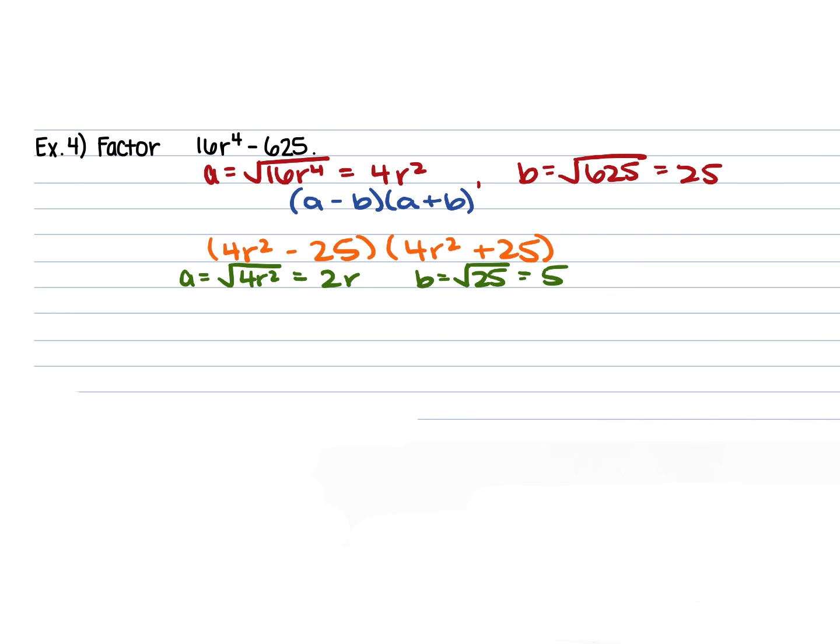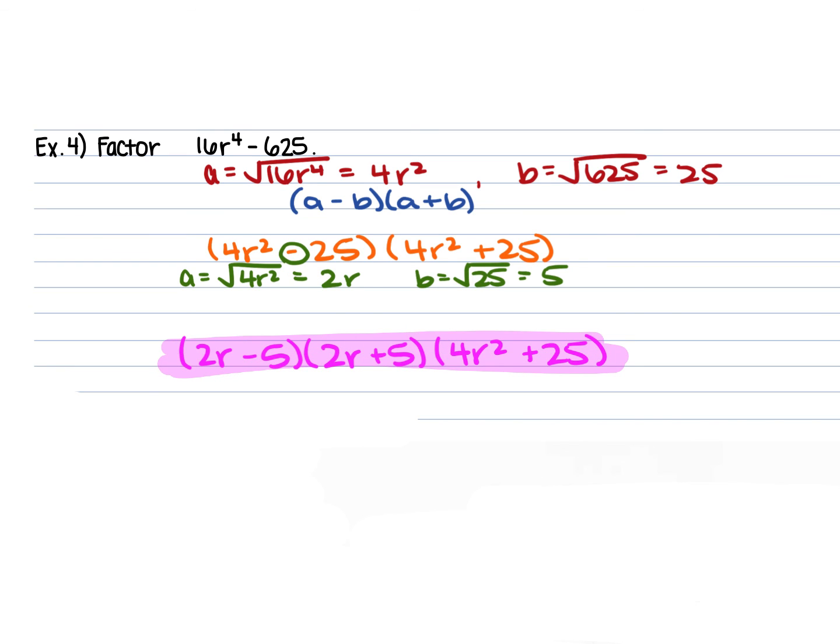There is subtraction between those two, so again, use A minus B times A plus B. So this is going to leave us with 2r minus 5 times 2r plus 5 times 4r squared plus 25. So if you can't simplify or factor one of those parentheses, it has to stay part of your answer. It doesn't just disappear. It does stay with your answer. So you have to make sure you include that with your answer.